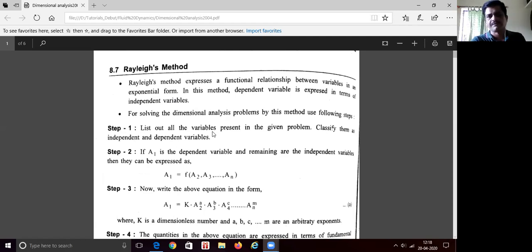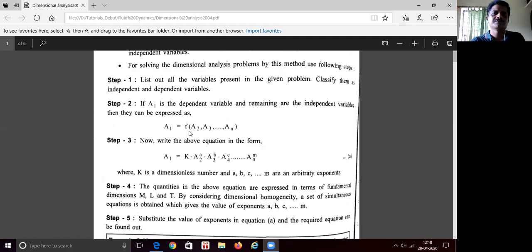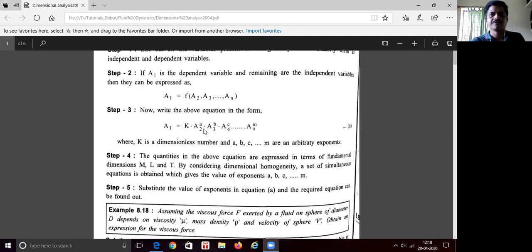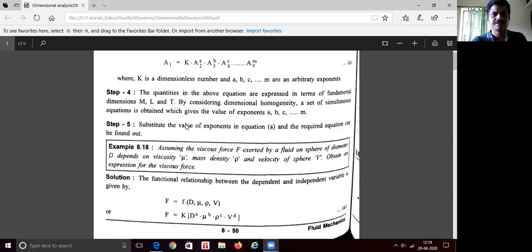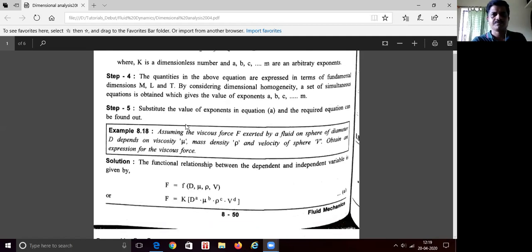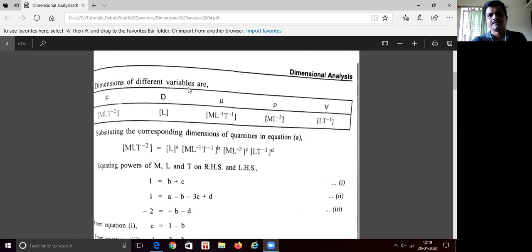In our case, F is the only dependent variable, where we have written F, which is a function of D, V, and so on. And then we expressed in step 3, F is equal to some constant into D raised to something, V raised to something, mu raised to something, and also rho. So finally, we got the relationship between the dependent variable and the independent variables. This is how we have to solve by Rayleigh's method.